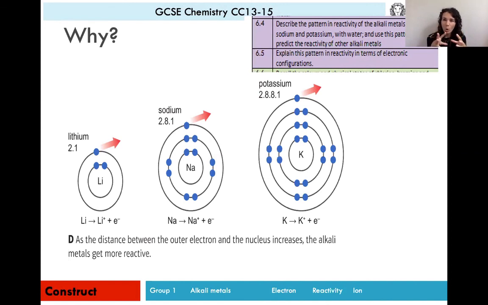But the most important point that you need to remember is that as the distance between the nucleus and the outer electron increases, the metal will get more reactive. So as you go down the group, the distance between that nucleus and the outermost electron increases, and the reactivity also increases. That's the most important point.